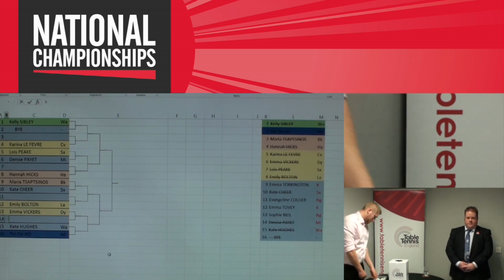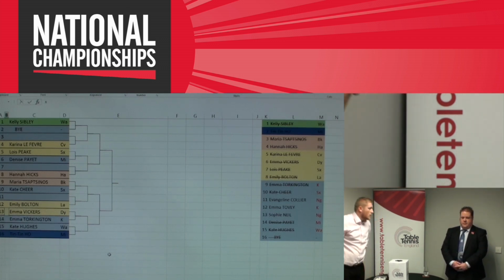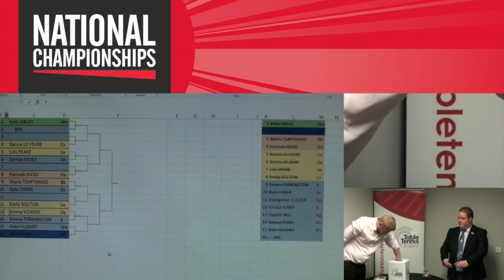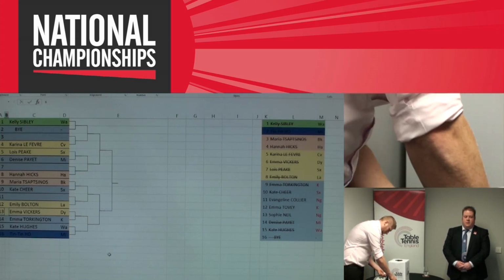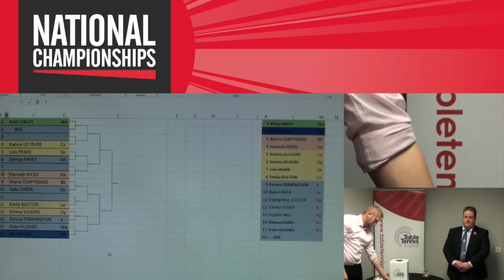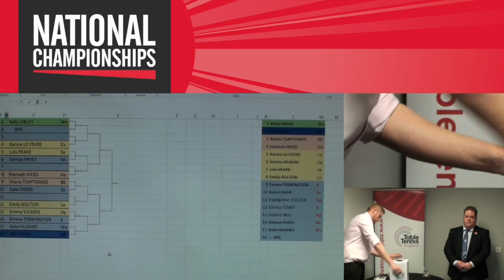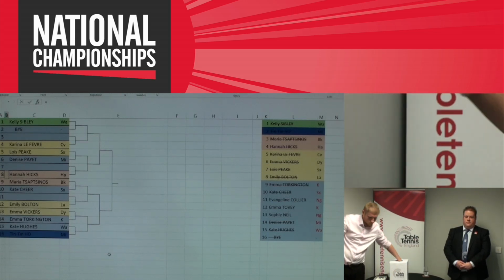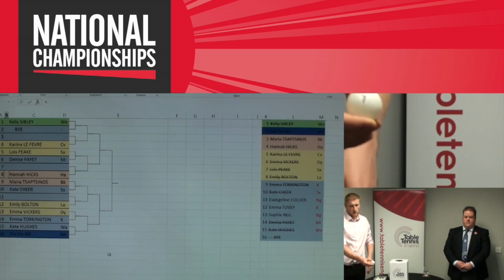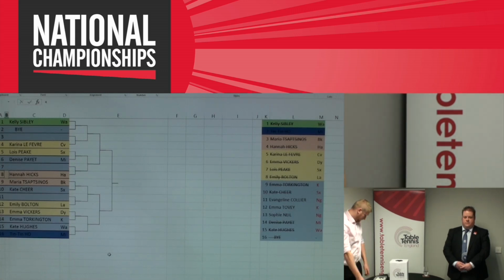The remaining player from Kent, Emma Tovey, must be drawn into the opposite half to Emma Torkington, which is the top half now, so positions number 3 or 7. Number 7.